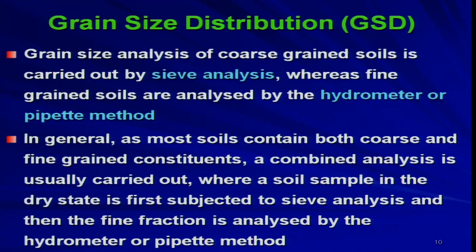In general, as most soils contain both coarse and fine grained constituents, a combined analysis is usually carried out, where a soil sample in the dry state is first subjected to sieve analysis, and then the fine fraction is analyzed by the hydrometer or the pipette method. So, any sample of soil will have both coarse grained as well as fine grained soil.